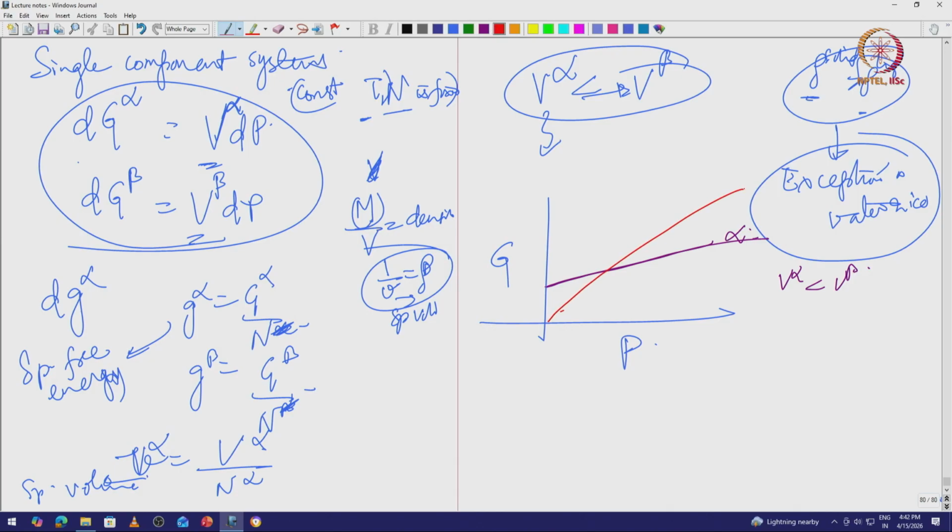A smaller slope curve and a larger slope curve are going to intersect at some point, right. So this is beta, this is G of beta, this is G of alpha. Okay. If I ask you the question, at very low pressures what wins? Given the temperature is fixed, and the number of atoms is fixed in both phases, which phase wins?